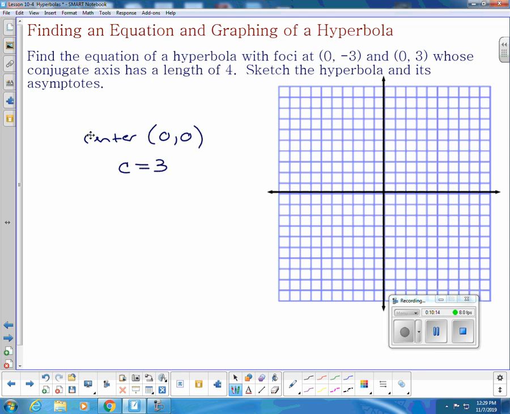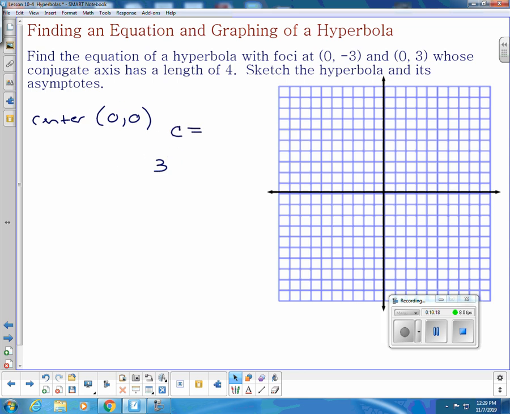What else can I tell from focal points? How are my focal points moving, horizontally or vertically? Vertically. So it's a vertical hyperbola, so my y squared is first, right? I can get all of that from just those 2 points.